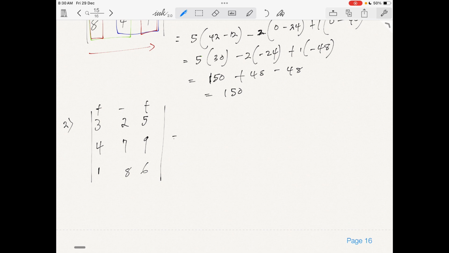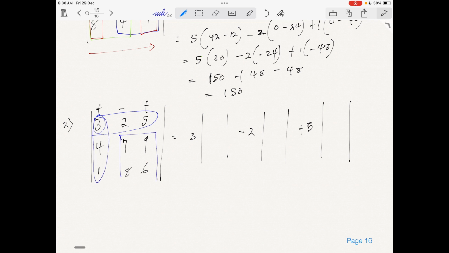So the determinant will be positive 3 having a square matrix, negative 2 having a square matrix, and plus 5 also having its square matrix. Let's start with 3. We look at the horizontal value and the vertical element, and we are left with 7, 9, 8, 6.